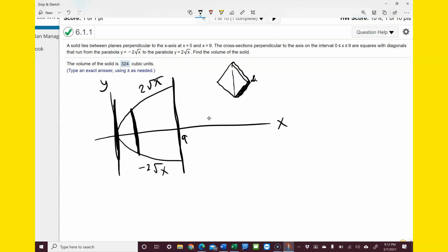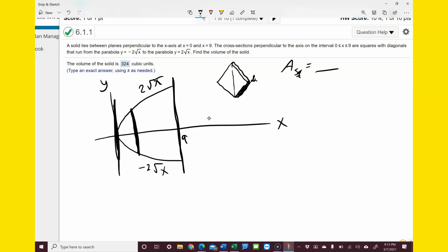And so if we can get the area of that square as a function of x, and then integrate that area over the entire distance that it is extended on the x-axis, 0 to 9, then it's like area times a length, which gives you volume. And that's what the volume is going to be. So first I've got to get a function for the area of the square.